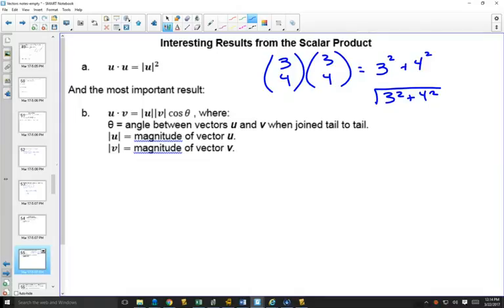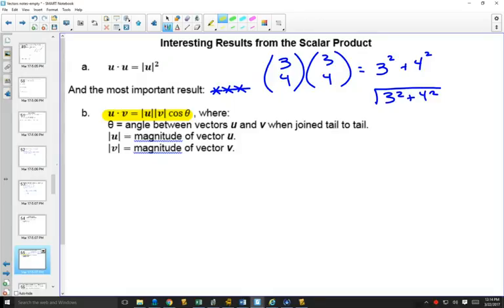But the most important result, put 3 asterisks beside this, is that the dot product of 2 vectors happens to equal the length of u times the length of v times the cos of the angle between them.